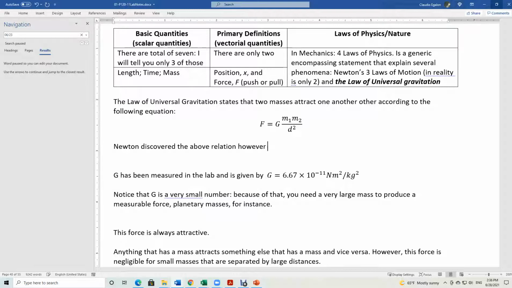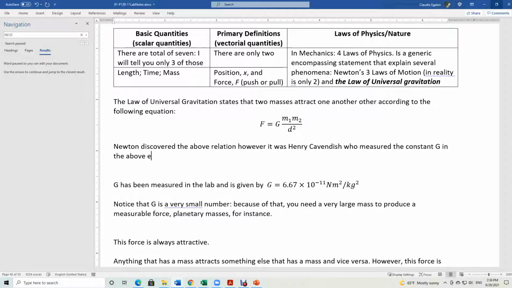However, it was Henry Cavendish who measured the constant big G in the above equation. Newton knew that there was a constant of proportionality, but he did not know what was the value of this constant of proportionality.